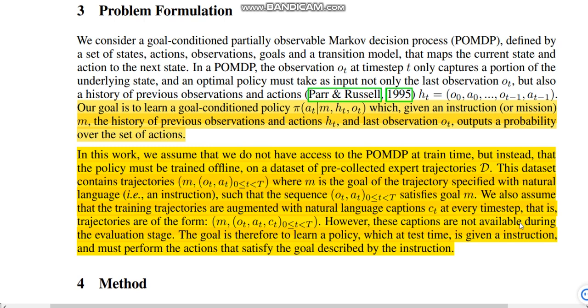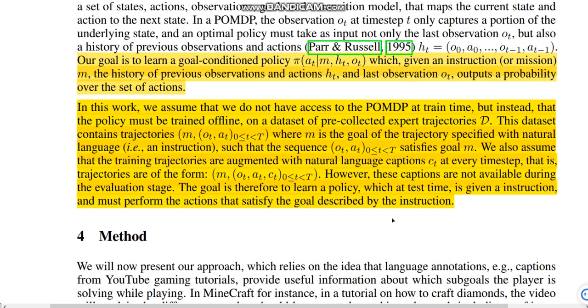I assume, I've read it somewhere. And the last observation is given, so the history is given, and the mission, and the system has to take an action. That is the policy.